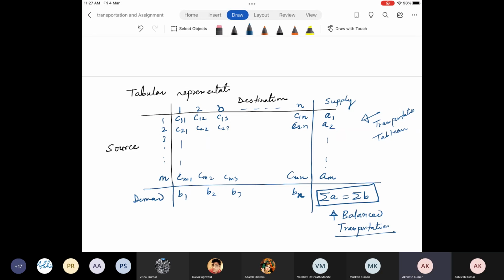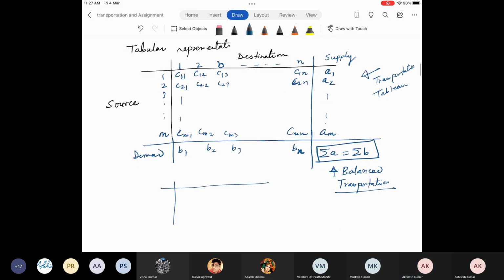Interestingly, when you put it in this format, suppose sources 1, 2, 3, M and destinations 1, 2, N, with B1, B2, Bn, A1, A2, An, and you put the decision variables x11, x12, x1n, x21, xm1, x22, xm2, x2n, xmn.